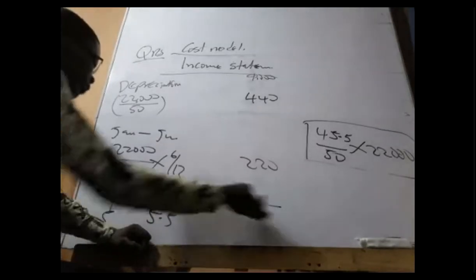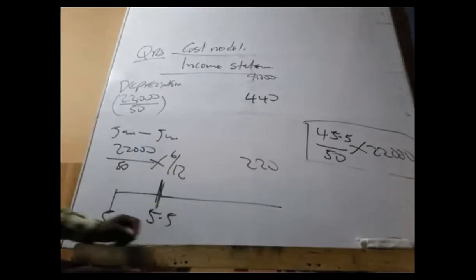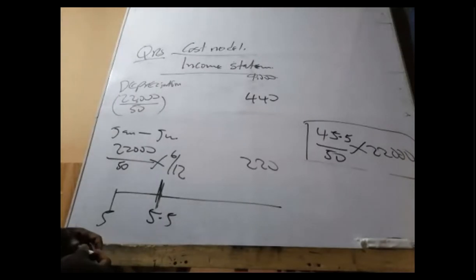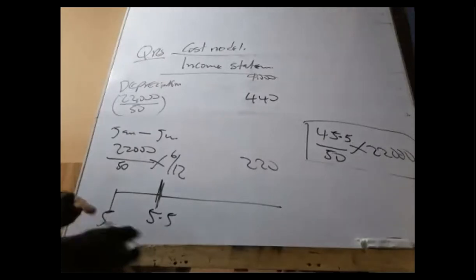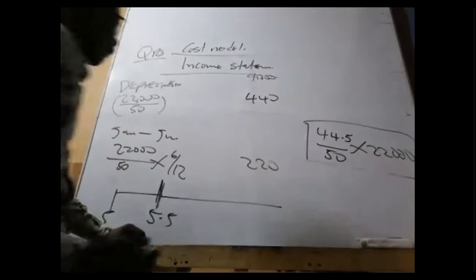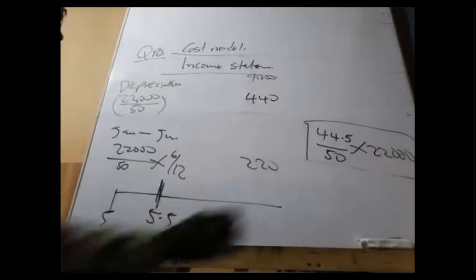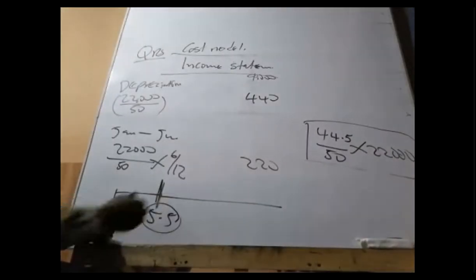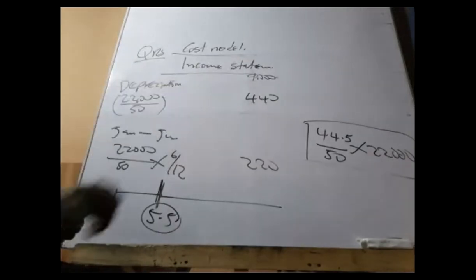So how many years remain? If the asset is going for 50 years, then we are left with 44.5. The entire life is 50 years. We spent 5.5, right? So we are left with 44.5 years.